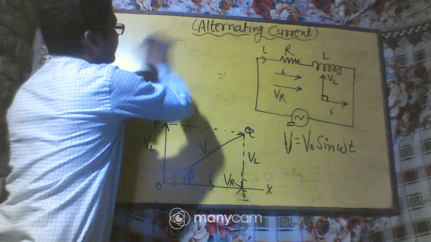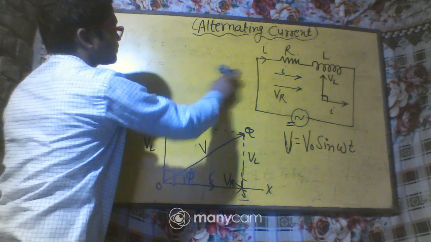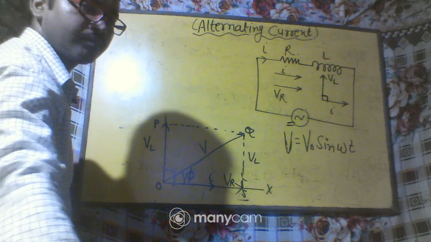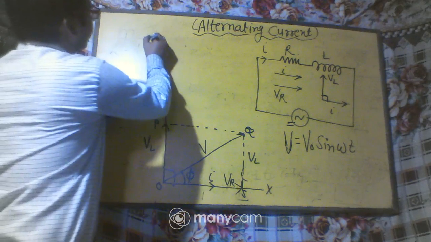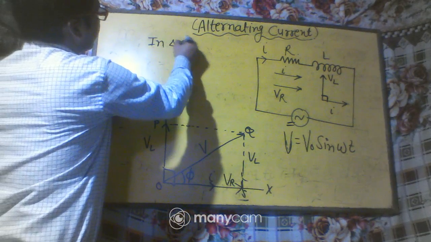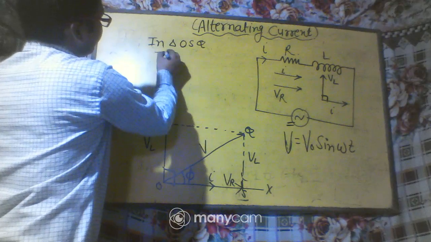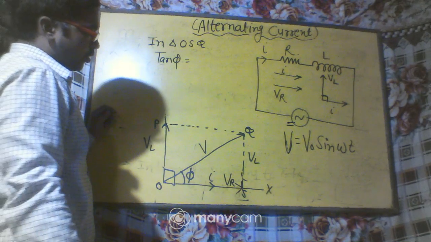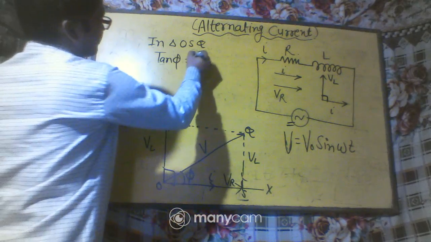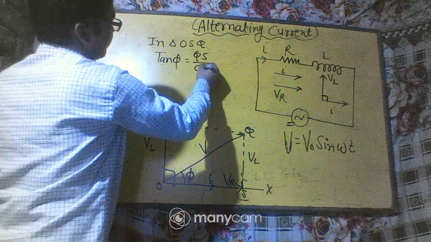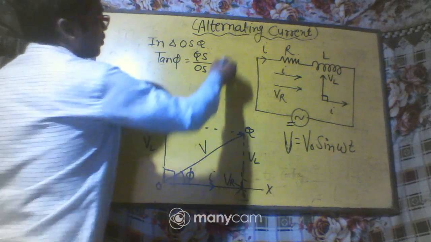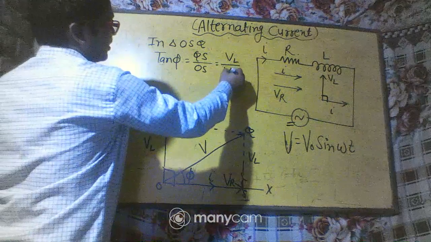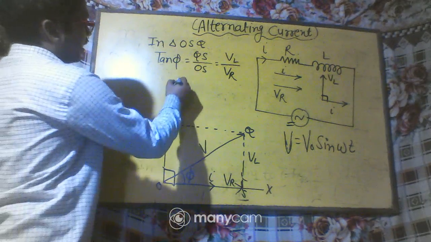So in triangle OSQ, tan phi is equal to QS upon OS, and the value of QS is equal to VL, and the value of OS is equal to VR.